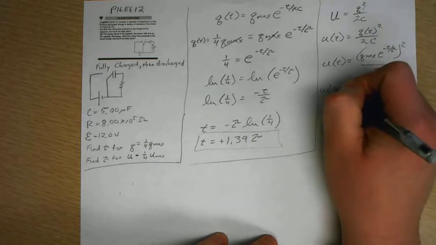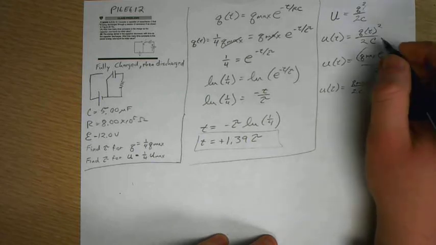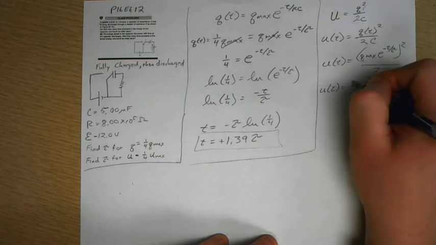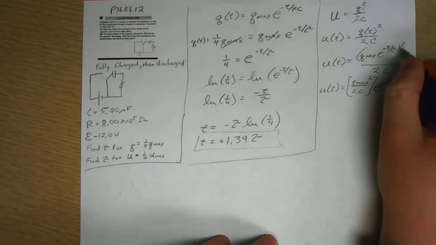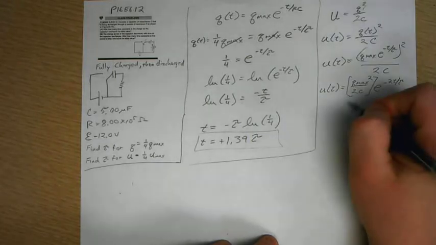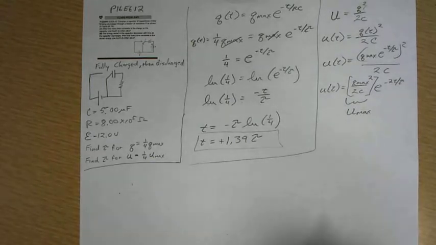Or U of t equals Q max squared over 2C, e to the negative 2t over tau, because you're squaring this exponential, so that becomes negative 2t over tau. And this is just U max. When the charge is maximum, we've reached U max.